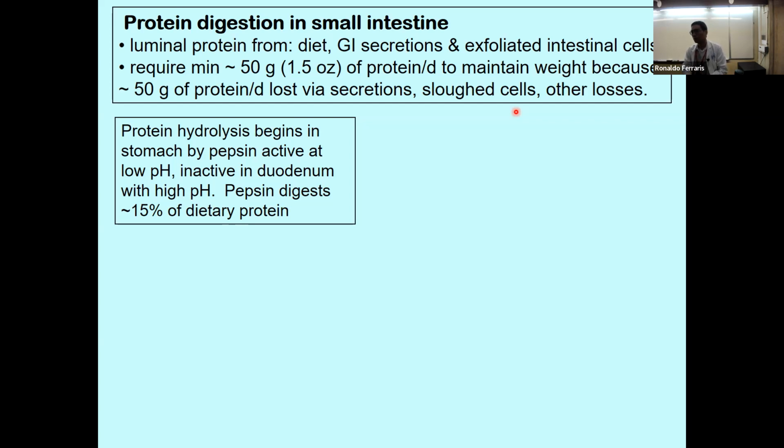Imagine spending half of your life in very high acidity, with enzymes trying to digest you. So the body has evolved to replace them. We lose about 50 grams of protein per day from these secretions, slab cells or other losses.